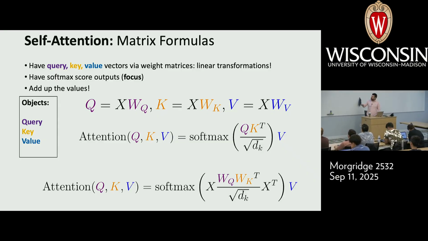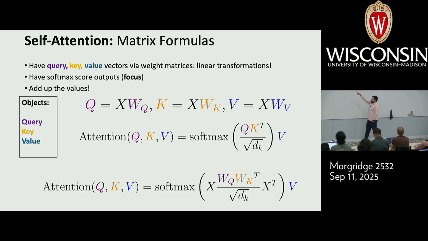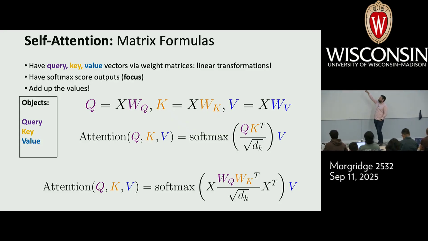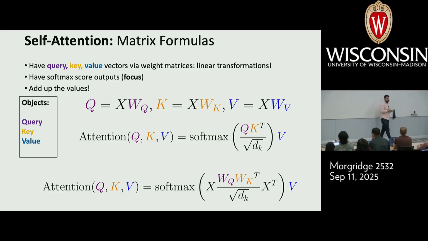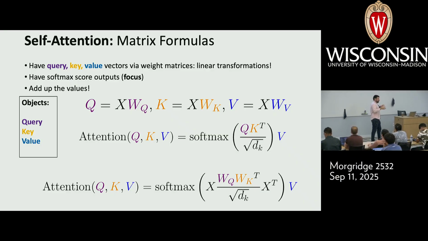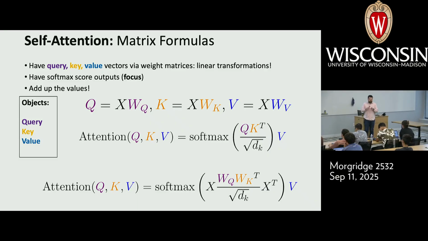To write it in a full way, we take X times WQ, that's all of our query vectors, and multiply them by X times WK, that's our key vectors. Normalization, softmax, multiplied by the value matrix. So this complicated looking thing that we did has an extremely simple and clean equation. And this is just one basic operation: the self-attention operation.